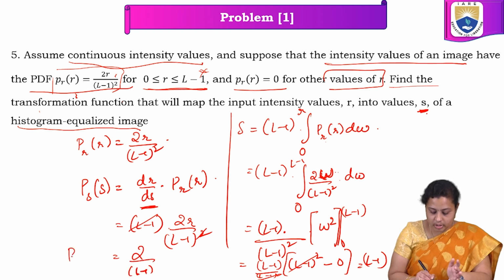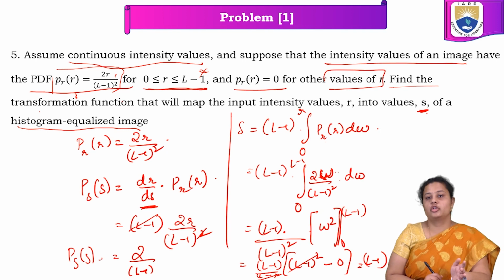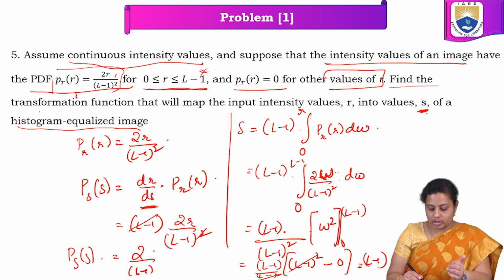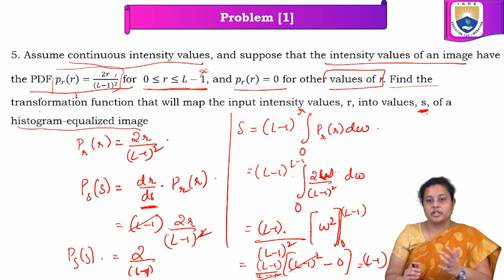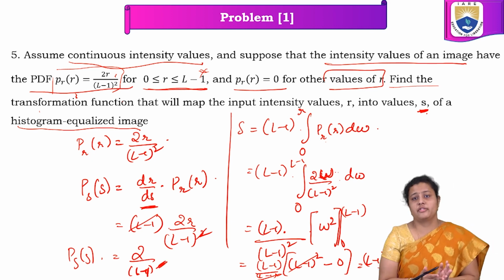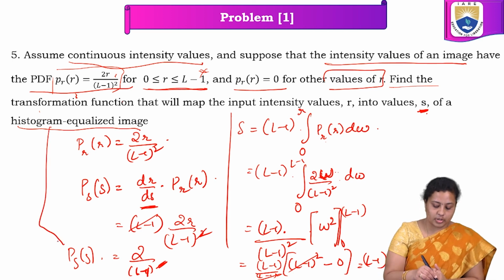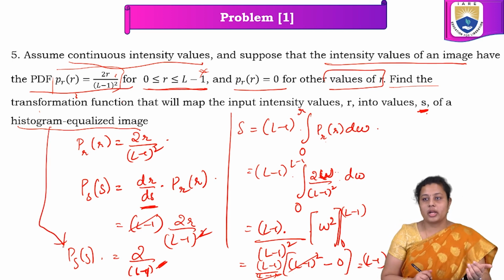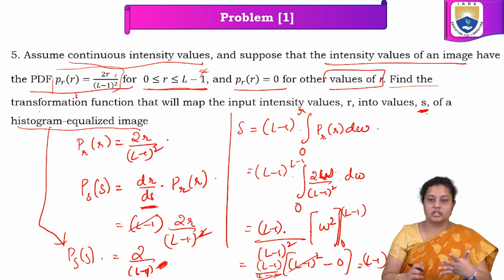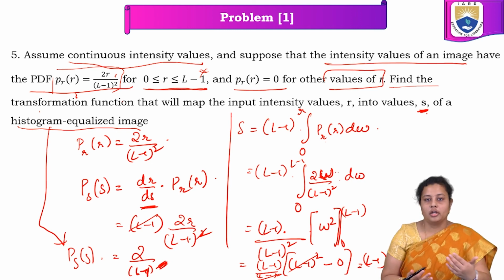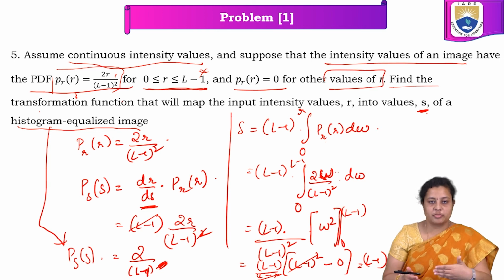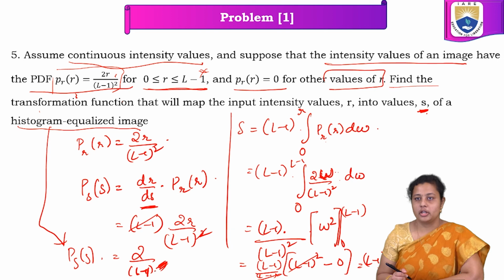So this is equal to the probability density function of my output, the output probability density function. This is the equation of my histogram equalized image, and from this we can see that it is a uniform probability density function. So we can say that the histogram has been equalized.